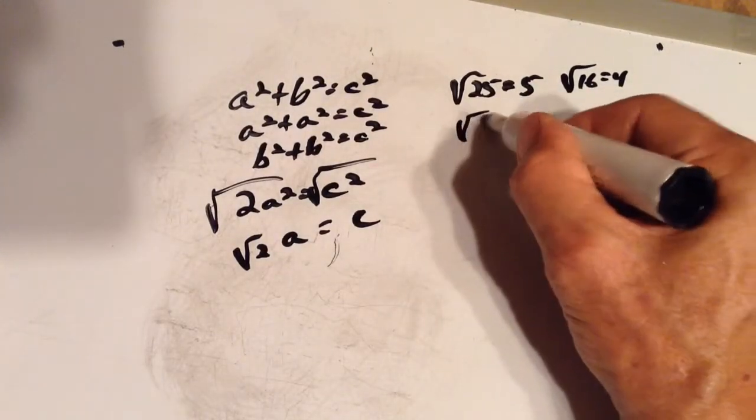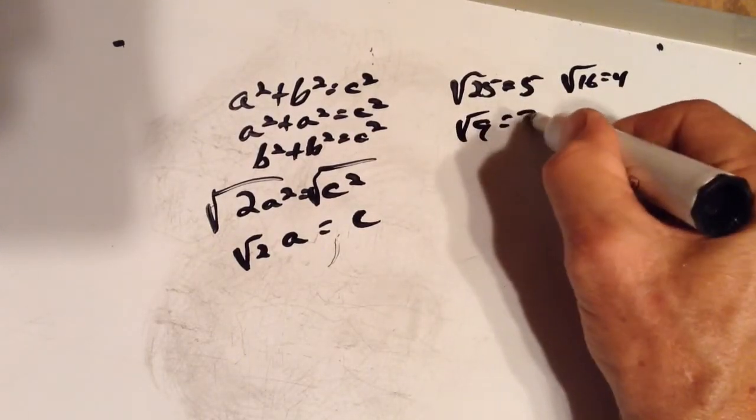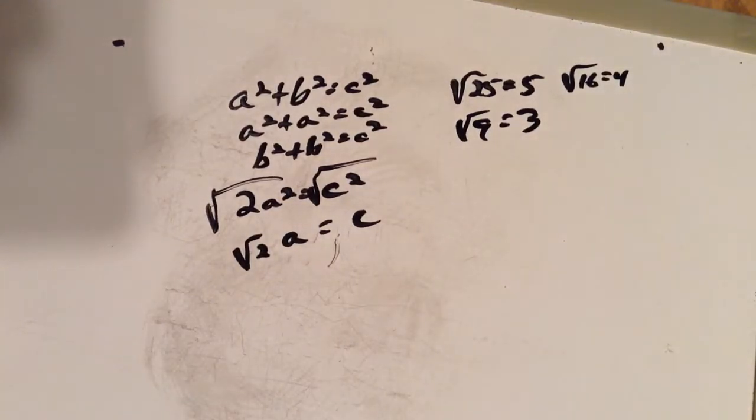Want to guess what the square root of 9 is? You got it, 3, because 3 times 3 is 9. The square root of 2 doesn't work out quite as pretty as the square roots of 9, 16, and 25. It's an irrational number.